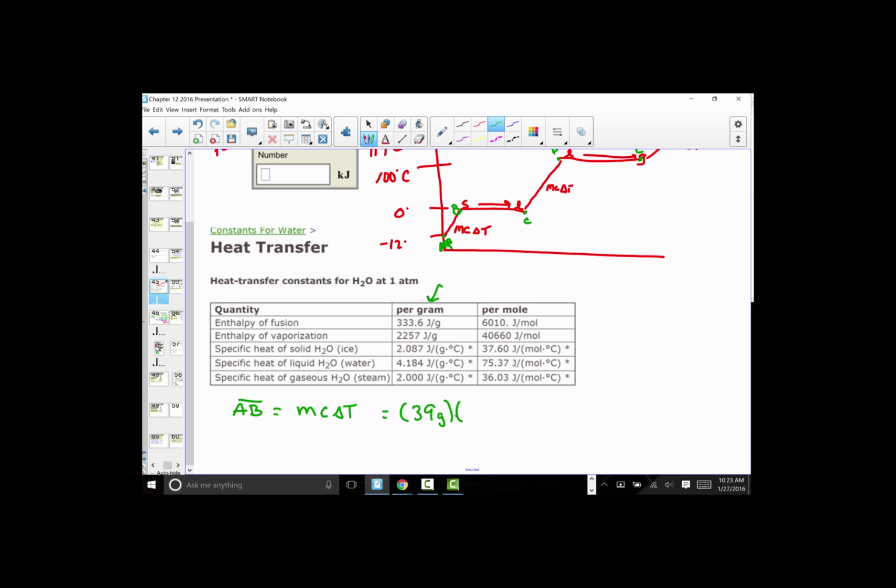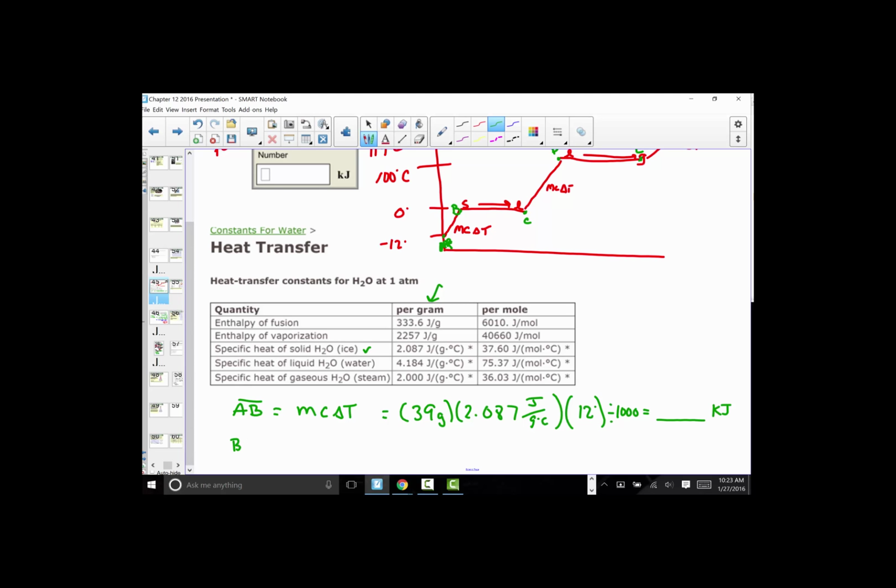We want to find the specific heat of solid water given to us in joules per gram Celsius, and that's 2.087 joules per gram Celsius. I'm just making sure I have like units. And the delta T from negative 12 up to 0 is going to change by 12 degrees Celsius. When I get this provided answer, it will come out in joules, so I'm going to simply divide by 1,000 to get kJ of energy.